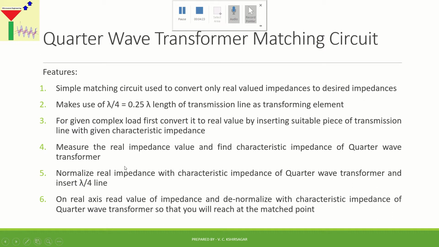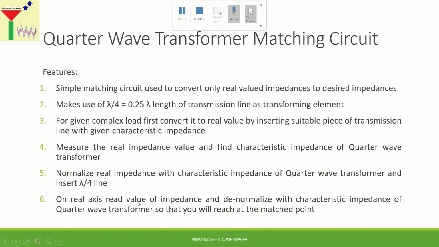The next step: once you have found the characteristic impedance of the quarter wave transformer, the real impedance which we got on the real axis has to be normalized with the characteristic impedance of the quarter wave transformer. From that point we will insert a lambda by 4 transmission line. This is actually the quarter wave transformer, which will take the real value of impedance to the characteristic impedance of the transmission line which we desire.